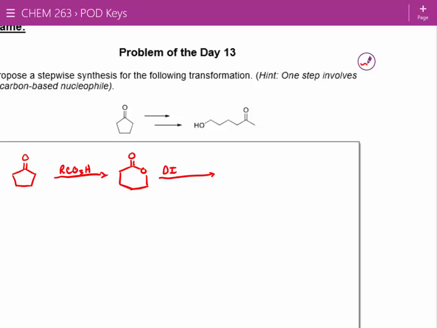And then the next step, what I did, DIBAL-H, I ring open the ester into the aldehyde. Do you have a question? Yeah, what I want to understand is the mechanism.